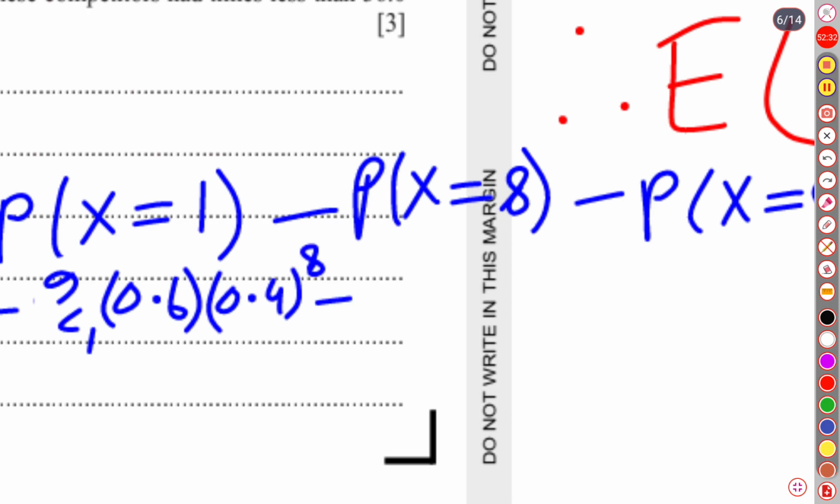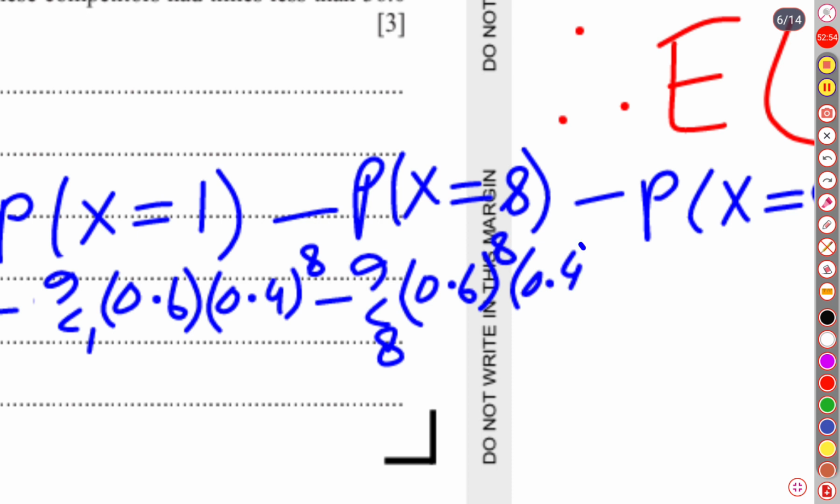We are going to subtract 8 competitors who may take less than 36 seconds. So 0.6, 8 times, then only one competitor took more than 36 seconds.